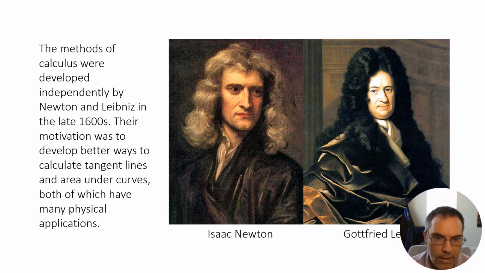On the left-hand side of the screen, there's Isaac Newton, who's maybe better known for his work in physics. What he did in calculus was in part to help do physics a little bit more efficiently. And then on the right is Gottfried Leibniz, who is more purely focused on the mathematics.